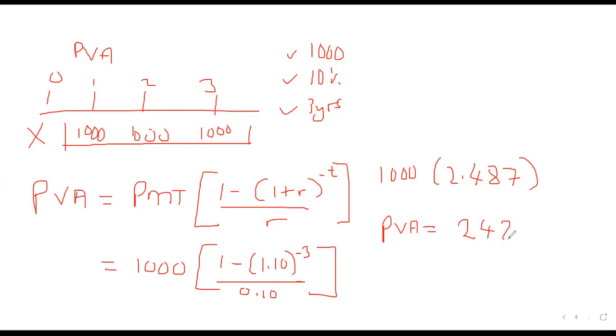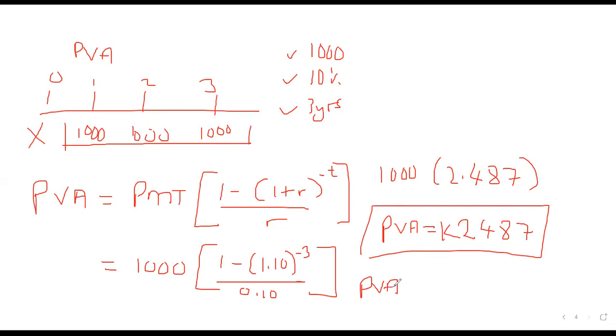So this is 2,487. So to get the annuity due, the same thing, you multiply this by 1 plus R. So you're going to multiply the answer times 1.10.